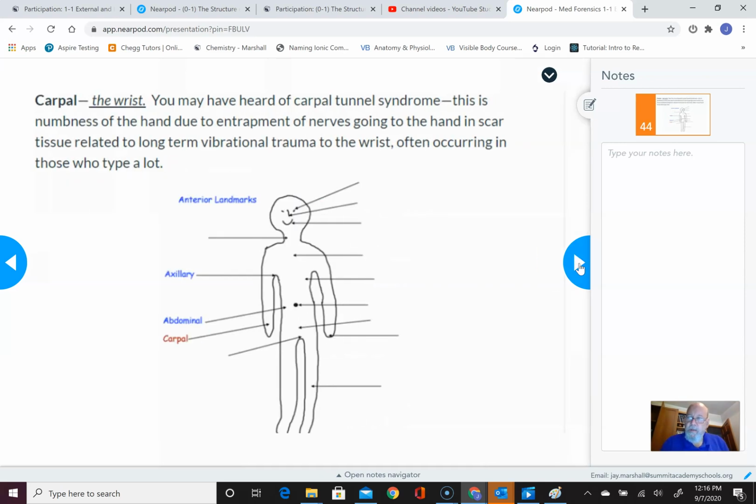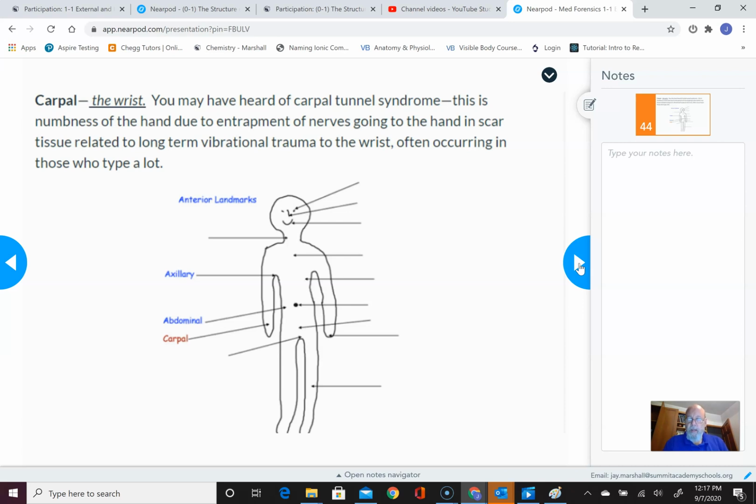Carpal means wrist. You've probably heard the term carpe diem, seize the day. Well, the thing that we seize things with is the wrist. You may have heard of carpal tunnel syndrome as well, and this is numbness of the hand due to entrapment of nerves going to the hand in scar tissue related to long-term vibrational trauma to the wrist.